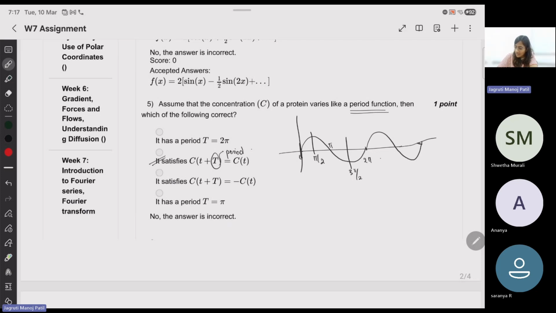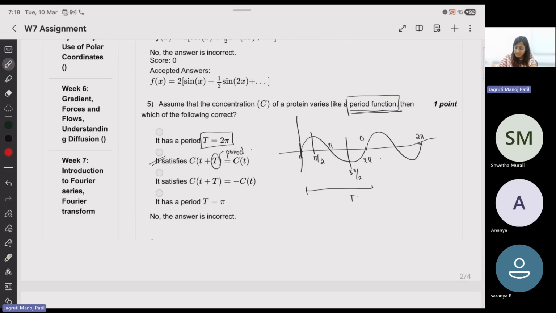So one whole cycle is 2 pi, again 0 to 2 pi. So this is the period of the function, t. This is the period against which this function is repeating itself. So it's only asking us, if it's a periodic function, what is the property for it? This can be a case if it is asking us for this function itself, if the graph for the function is given to you.